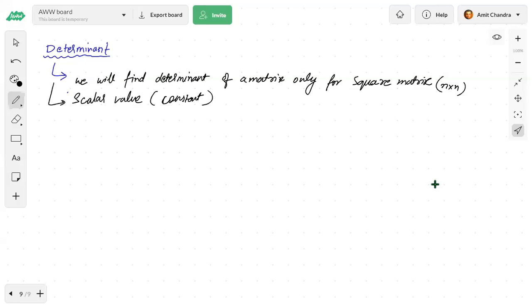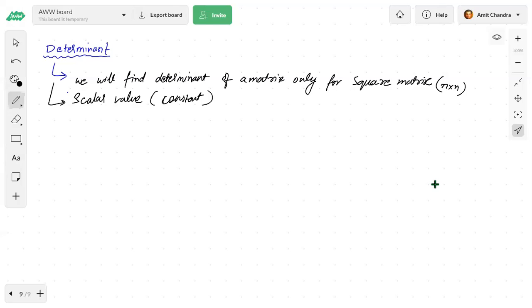In calculation of big data, the determinant is also used. To find the solution, we need the determinant, because the determinant is used to find the inverse.